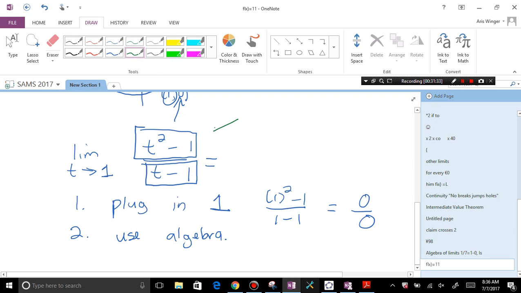If the numerator was going to 0 super fast, faster than the denominator was going to 0, what would the answer be? It would be 0. If the numerator flies to 0 faster than the denominator gets to 0, the whole thing would be 0. If the denominator went to 0 way faster, what would the answer be, dividing by 0? It would be undefined. It might be some infinity.